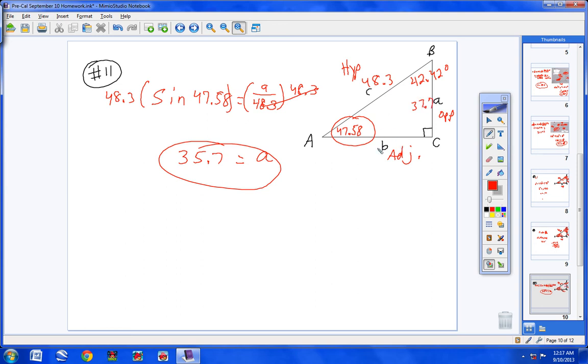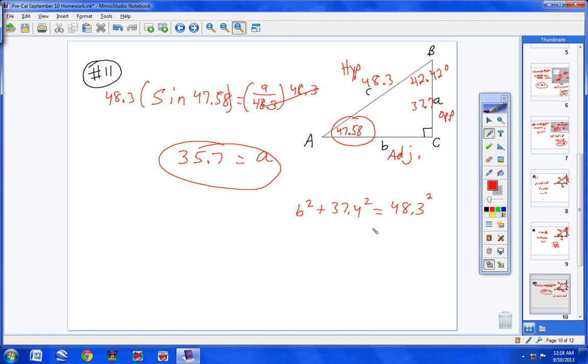Now, I'm ready for Pythagorean Theorem. I'm missing a leg, that would be b squared. I know a leg, that would be 35.7. And I know the hypotenuse, which is 48.3. So if you square 48.3 and get a number, square 35.7 and get a number, and then bring that over and subtract it, you should end up with this right here. Let me grab my calculator real quick. 48.3 squared minus 35.7 squared.